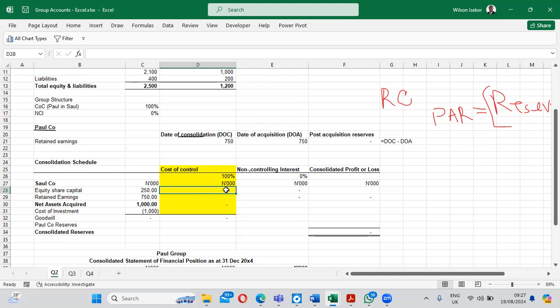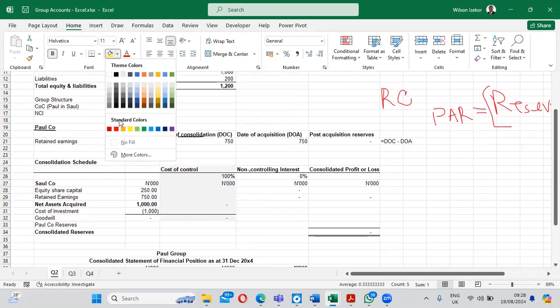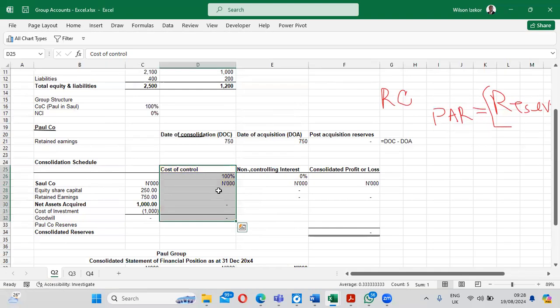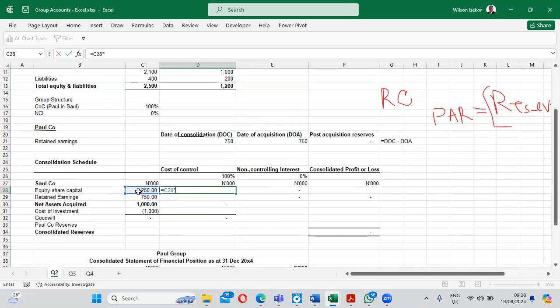So basically what we'll do is to say equals to, you pick the 250 that is here, and multiply it by the cost of control up here, which is this 100%.